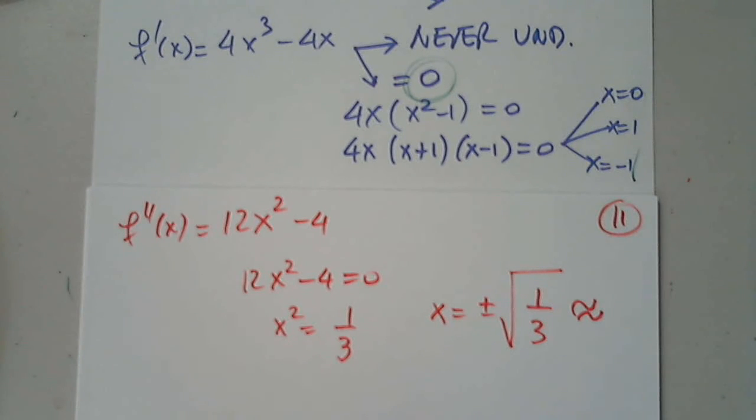So first, I will plug them in to find where my function is. This is my function. No, this is not my function. So my function is x to the 4th minus 2x squared, and then plus 3.